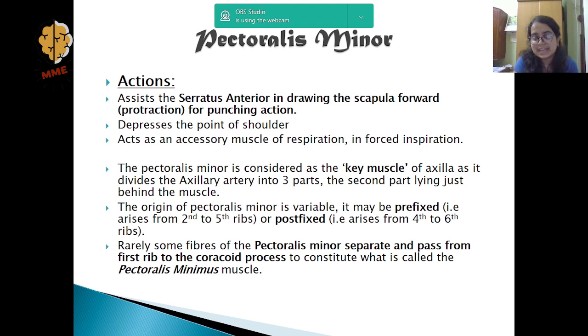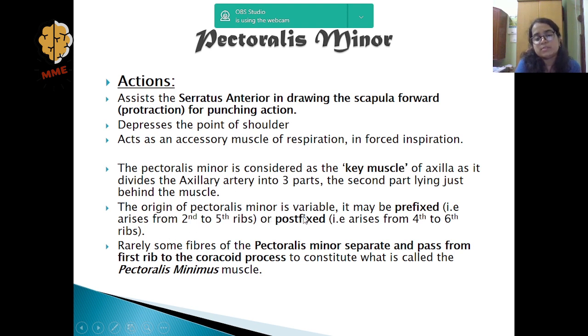The second part lies just behind the muscle. The first part lies proximal to the pectoralis minor, and the third part lies distal to it. When you are taught about the blood supply of the upper limb, you will read about the axillary artery.